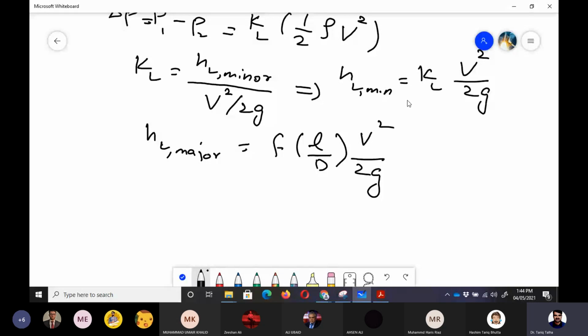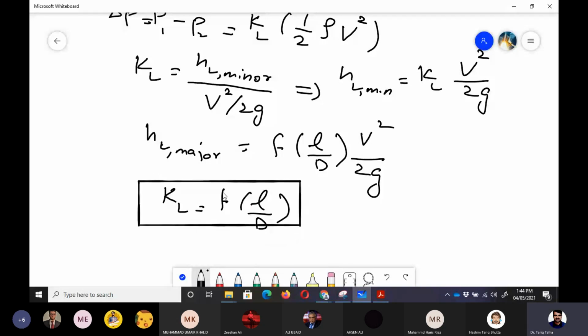So if we want to get the value of KL in terms of how it is related to the friction factor, it is very simple: if we equate HL minor equal to HL major, then KL would be equal to f L upon D. That is the definition of KL in terms of friction factor, which is f.